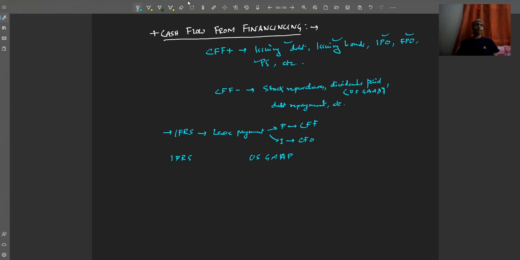For example, dividends received can be operating activities or investing activities under IFRS, but it is strictly operating activities under US GAAP. Dividends paid, it can be an operating activity or a financing activity under IFRS, but under US GAAP it is strictly a financing activity.